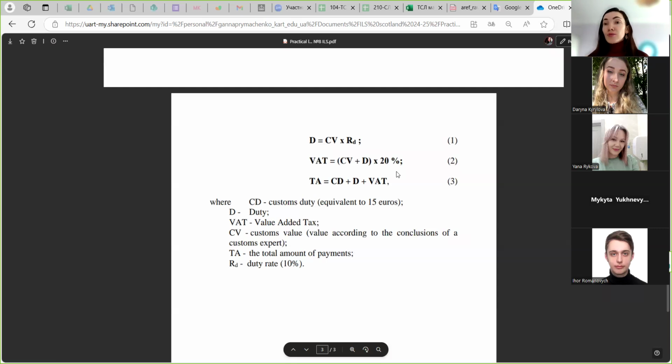Okay, and after all calculations, you can write the answer for our task 4.2, that the total amount of payments is, and write the result of your formula number 3. So you can see that it is not many calculations for customs payment.